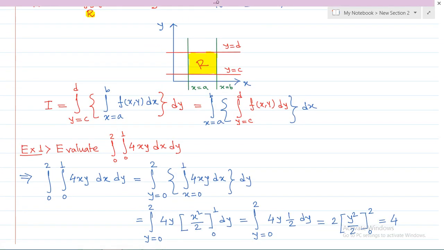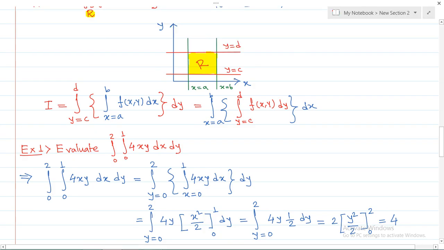So here we have drawn the x-axis and the y-axis, and we have given the ranges: x equals a, a line parallel to the y-axis, x equals b, another line parallel to the y-axis, y equals c, a line parallel to the x-axis, and y equals d, parallel to the x-axis. Inside these four lines, one region has been bounded, this shaded region.